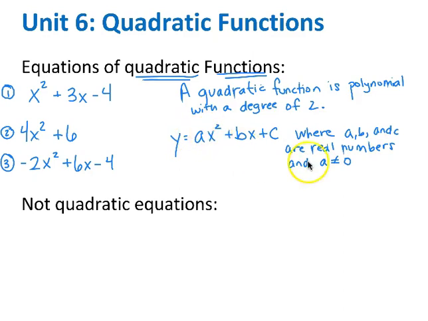And a can't be 0, because any number times 0 is 0, we would lose our squared term and it would no longer be a quadratic function. So in a lot of textbooks and in your lessons this week, you might see a quadratic function described as a function that can be written as y equals ax squared plus bx plus c, where a, b, and c are real numbers.